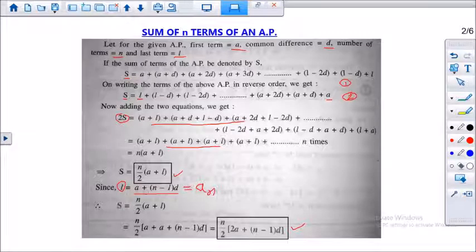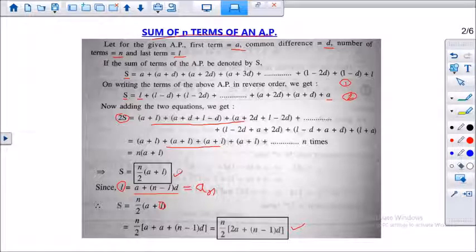So L equals A plus (n minus 1) into D. We can put this value of L here, so you get A plus (n minus 1) into D. It will come in this form: n by 2 into (2A plus (n minus 1) into D). So this is the formula for finding the sum of n terms of an AP.